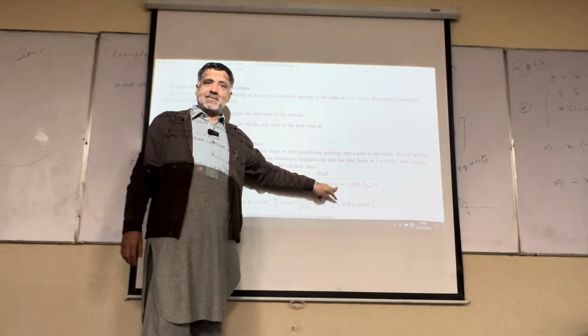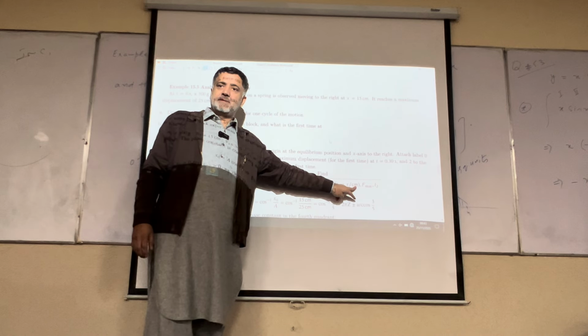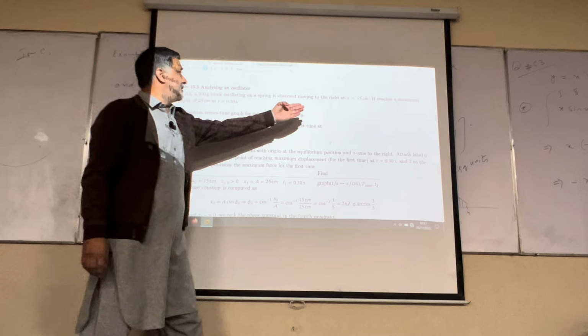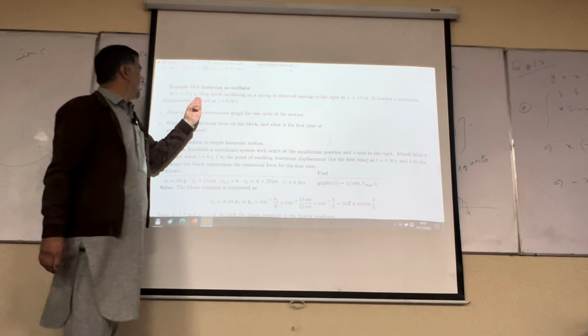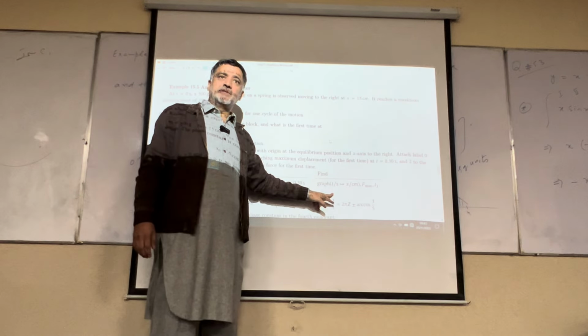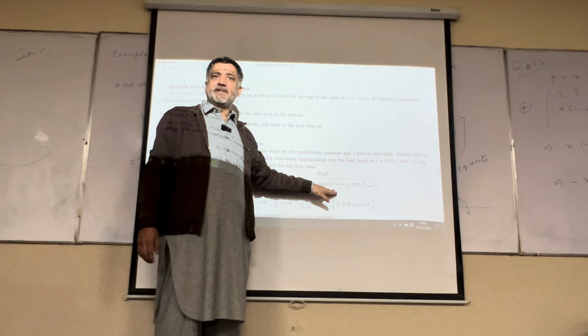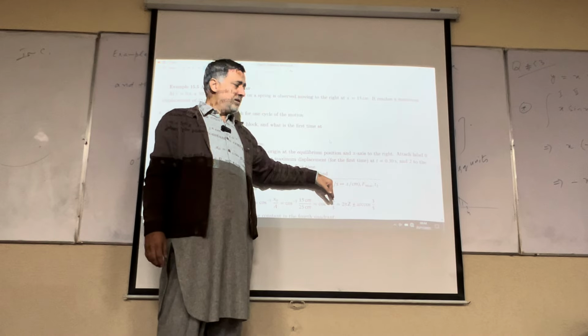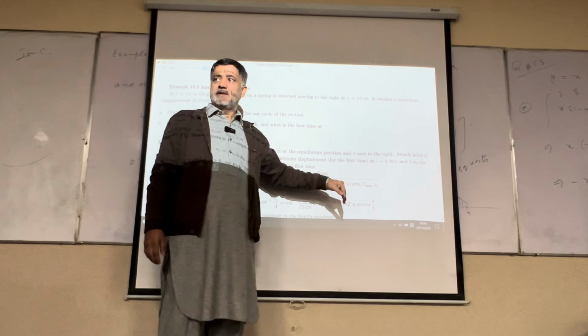So time per second and position per centimeter. In this case, centimeter is the easiest unit to deal with. I don't need to convert everything to meters, right? So this is the thing which I am going to work out. Graph of the function from t per second to x per centimeter.